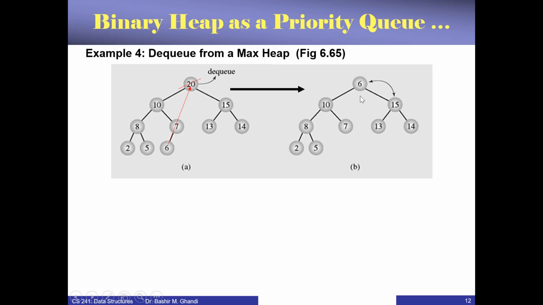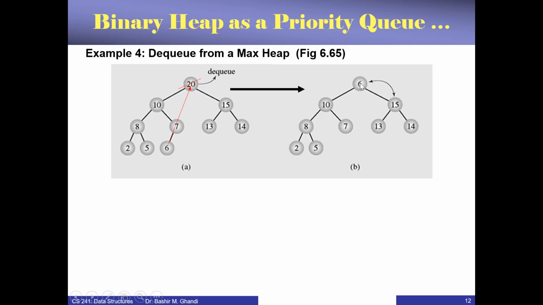But putting 6 here has violated the max heap ordering property. Now we have a parent smaller than the two children, which is not allowed. So we're going to percolate it down. Notice when we are percolating, this is our pivot, the element we are concerned with.